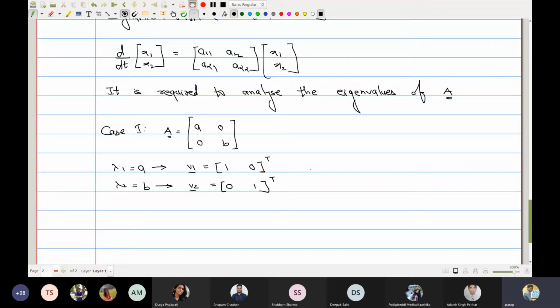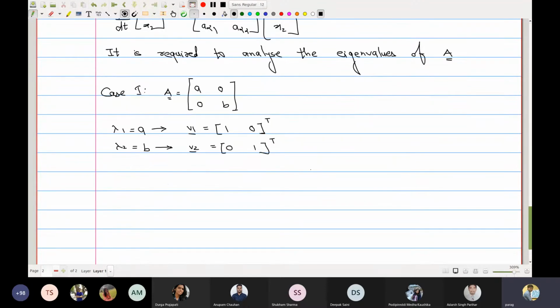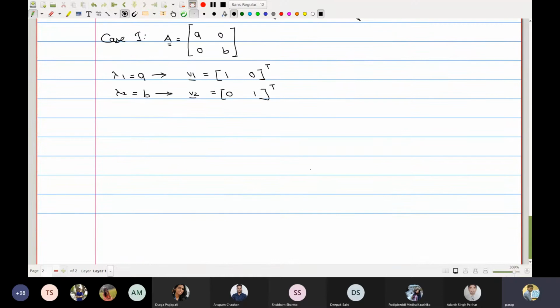There is a reason why we are taking this specific case, and the reason will be apparent very soon. So now you have the two eigenvalues of the system as a and b and corresponding eigenvectors as 1 0 and 0 1.